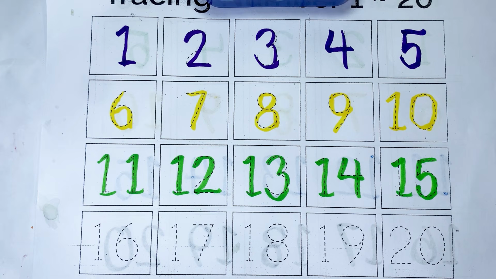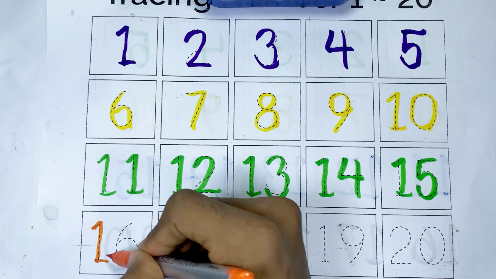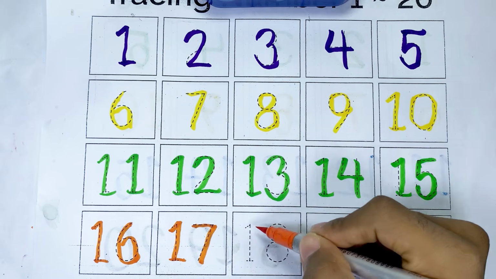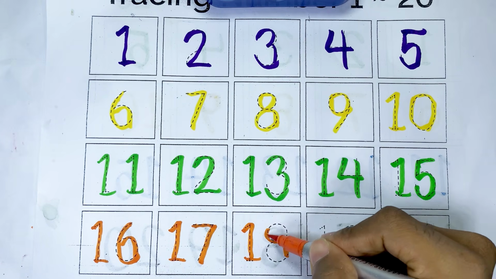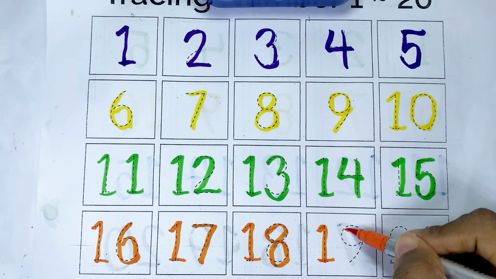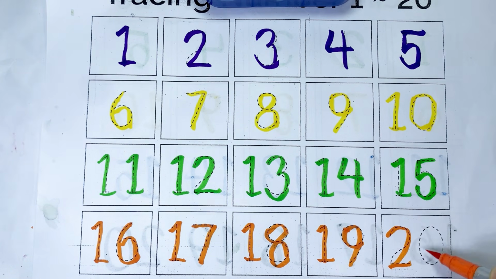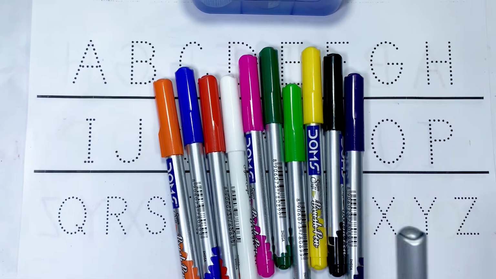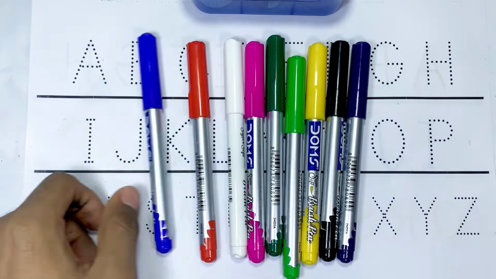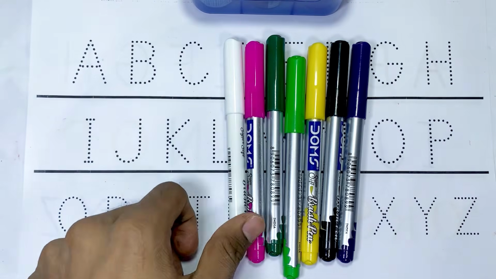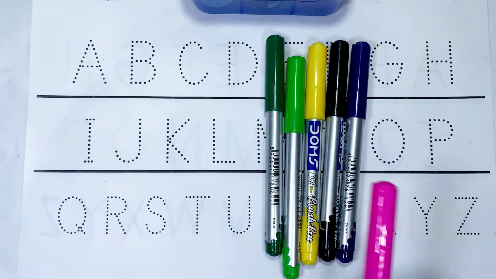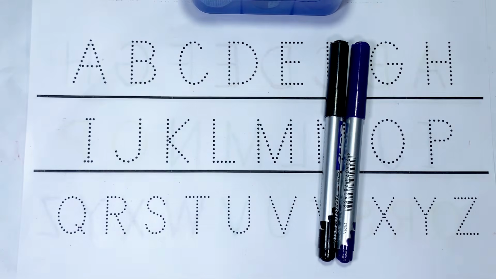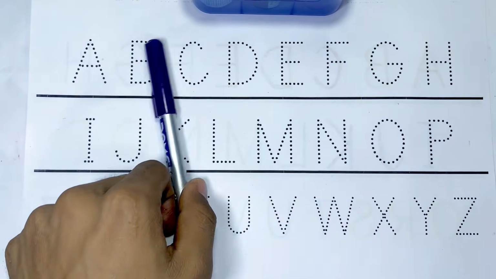The numbers of 16, 17, 18, 19, and 20. Brown color, sky blue color, silver color, orange color, blue color, red color, white color, pink color, green color, light green color, yellow color, black color, and purple color.